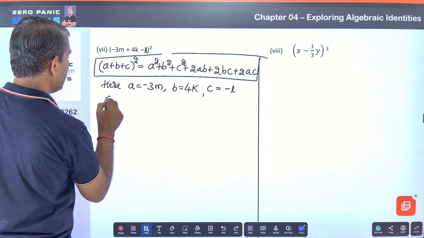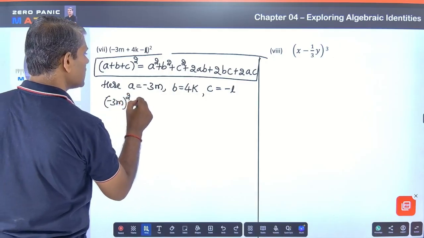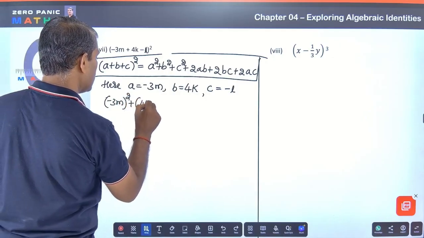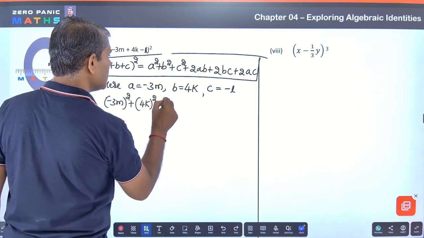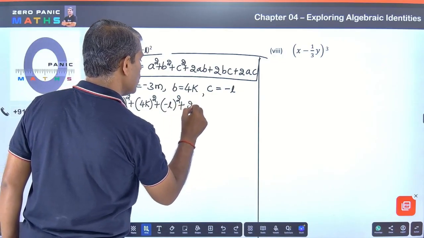A square, that is minus 3m whole square, plus B square is 4k whole square, plus C square is minus L whole square, plus 2ab.